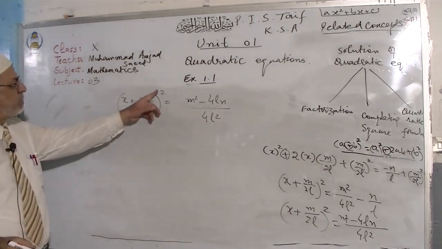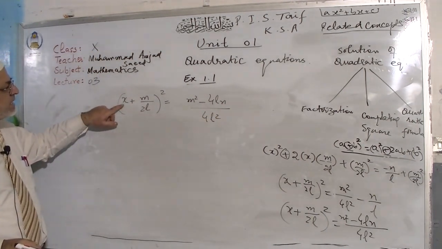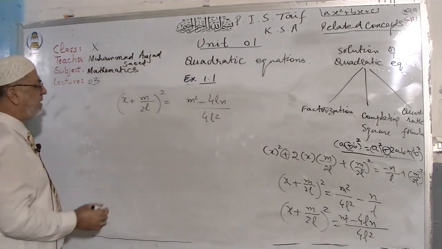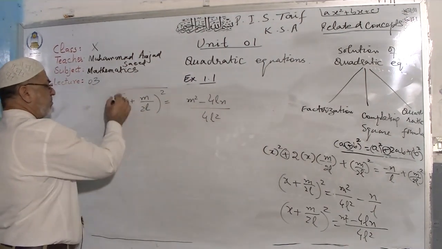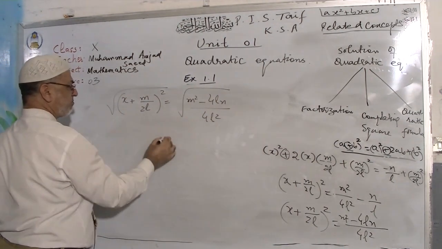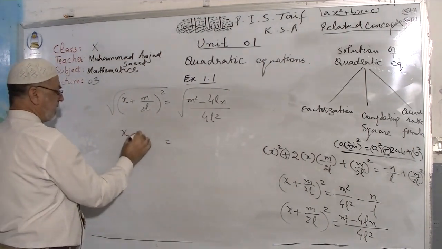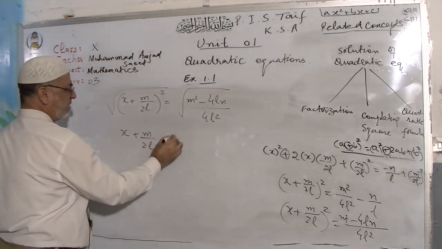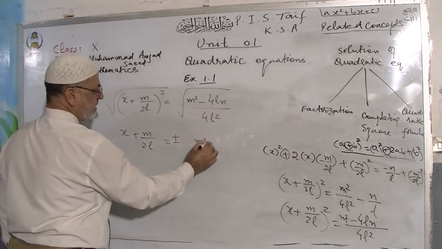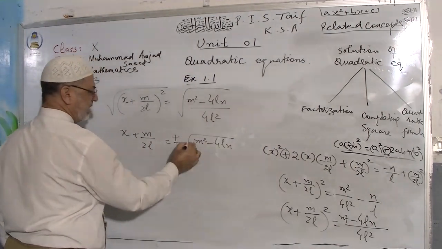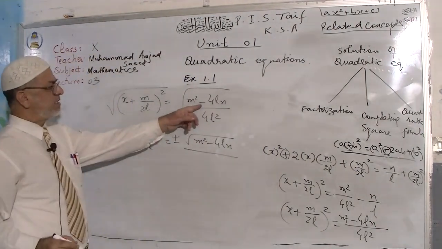Because here is power 2, you need to find the value of x. You want to reduce the power, so by taking square root on both sides, x plus m over 2l equals plus minus root of m square minus 4ln over 4l square.